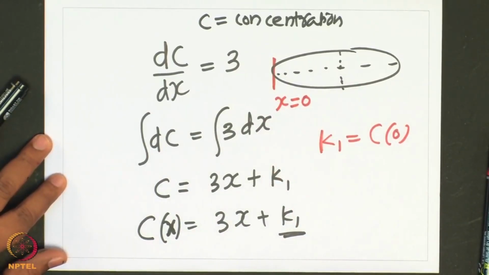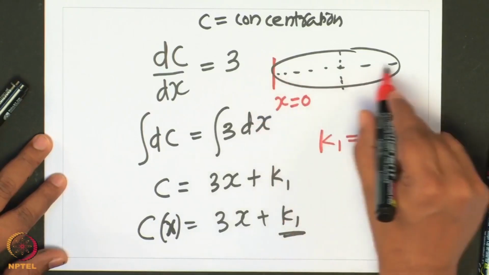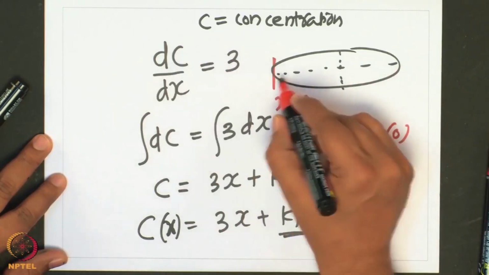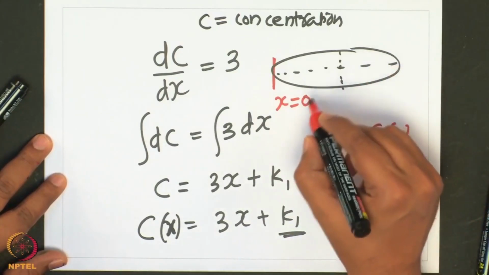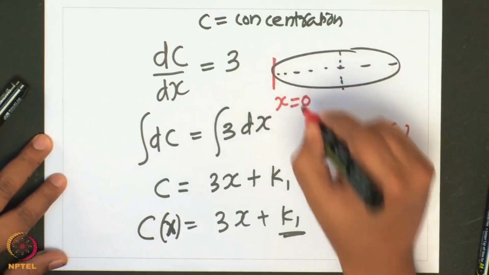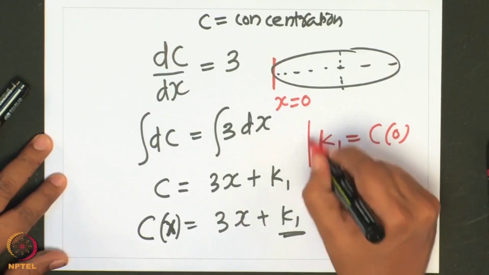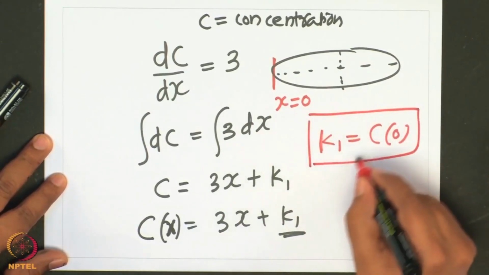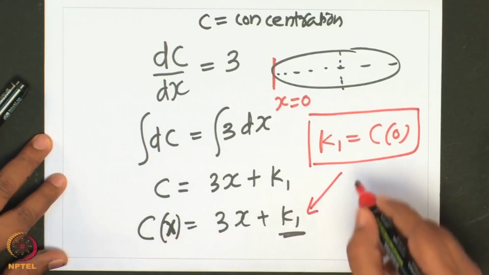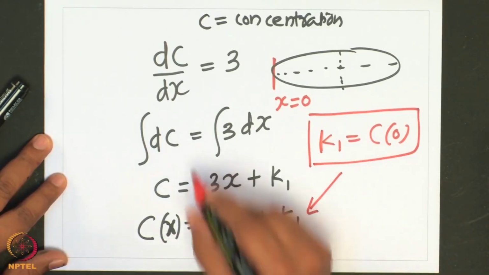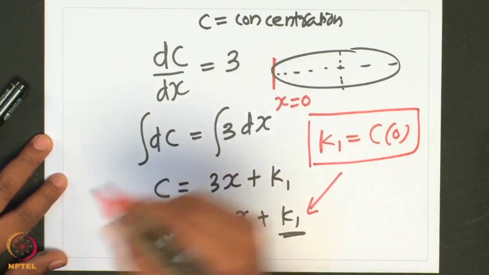What do we know? I am telling you that the change in concentration dc by dx is constant everywhere. If that is the case, and if I know the concentration at x equal to 0, which is k1, I can calculate the concentration at any point by using this formula, by integrating this.